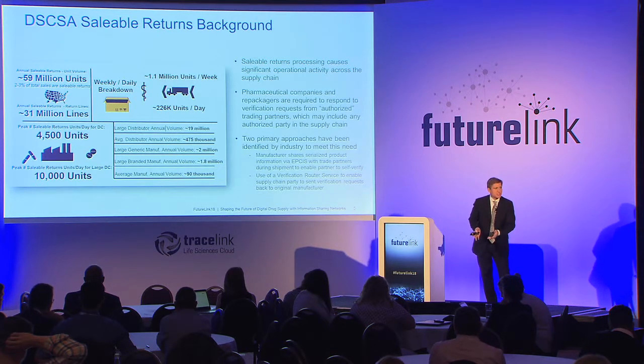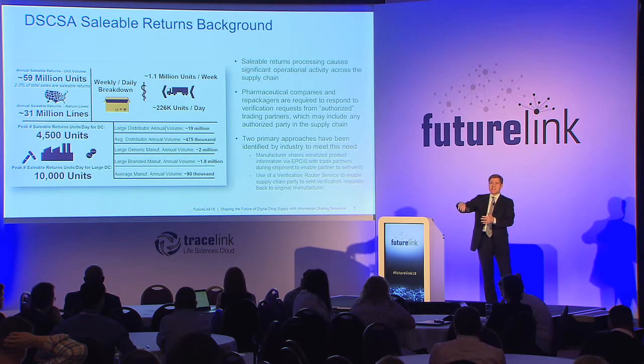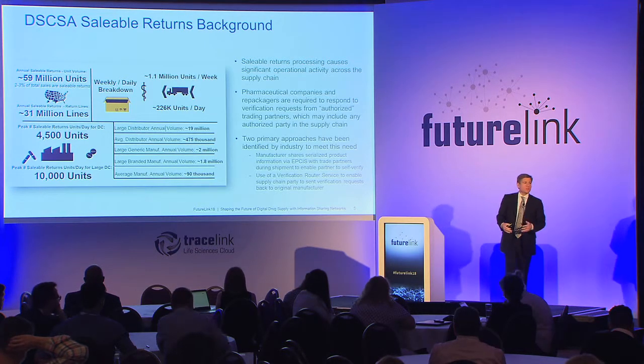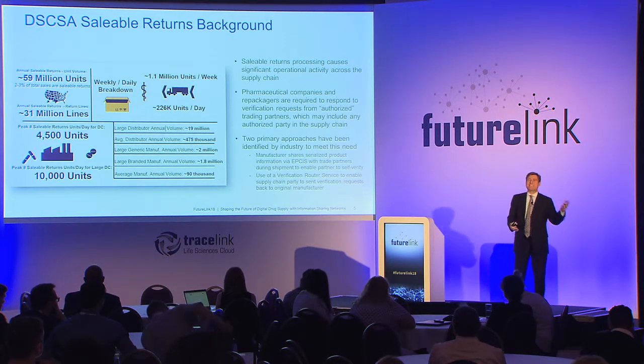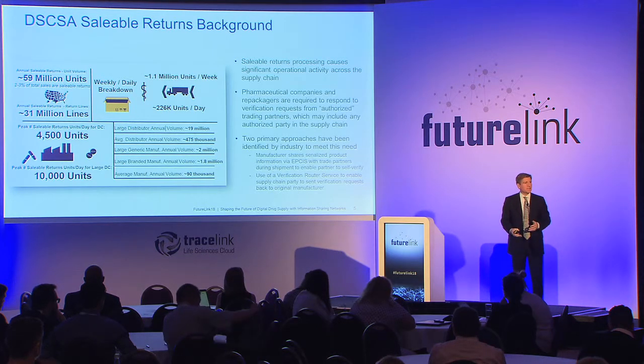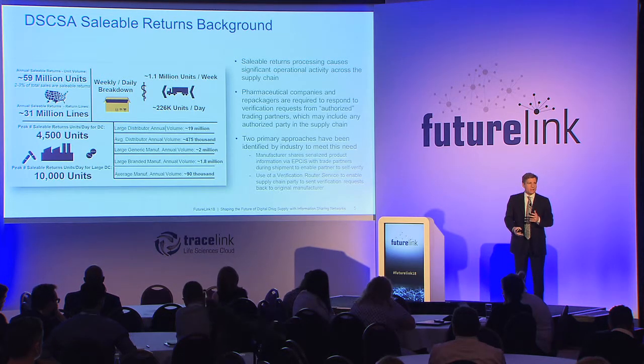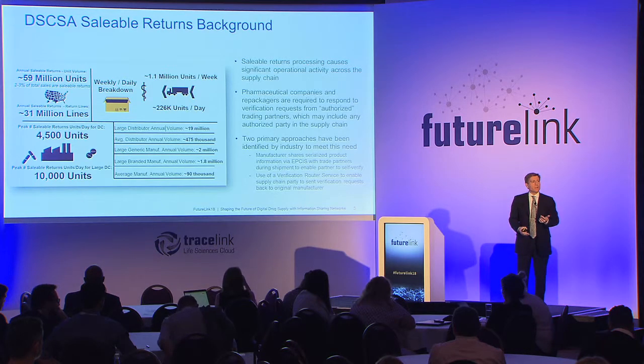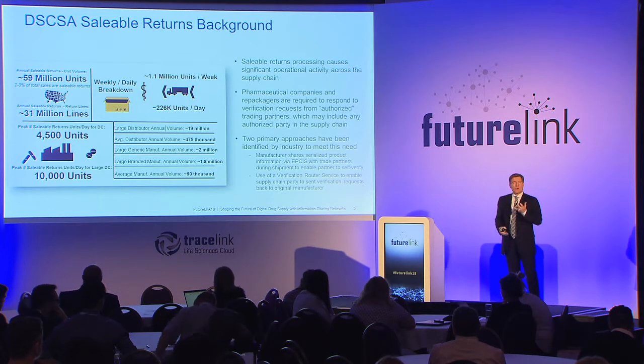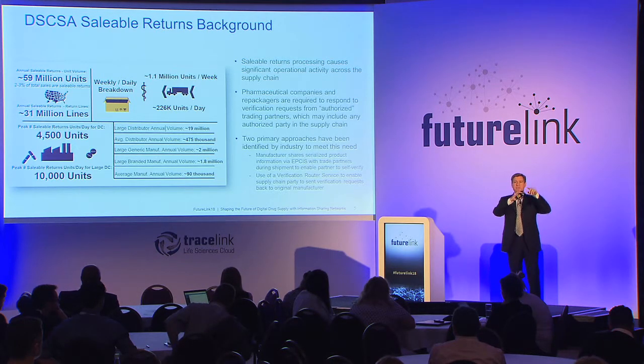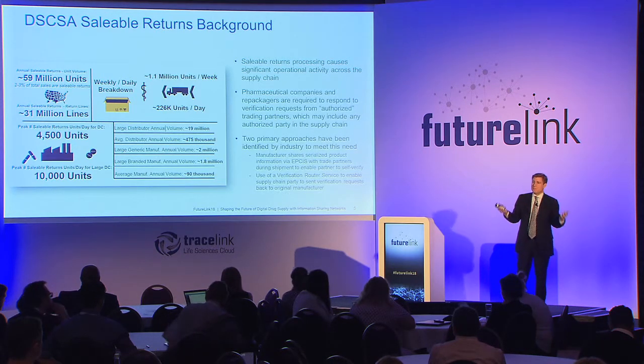Give them the serialization information. Let them scan internally for that. The problem with that is a wholesale distributor has products from dozens, maybe hundreds of manufacturers. They're not going to get serialization data from everyone. So the other model was give the wholesale distributors a router system that allows them to ping a query into a system that'll route it to the right manufacturer for that particular product.